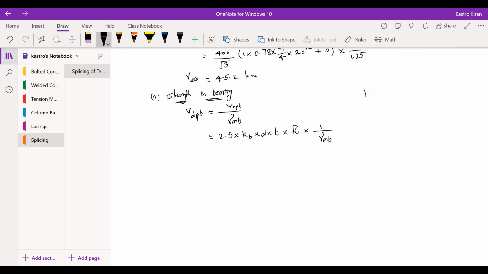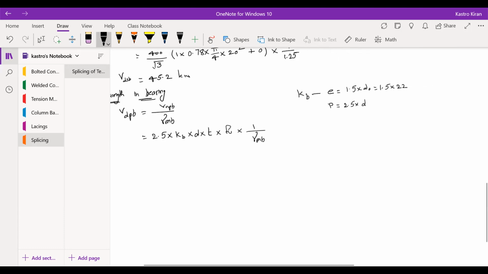Now, in order to find the value of KB, you need to know the edge distance and the pitch distance. Edge distance can be calculated as 1.5 into D naught, and pitch distance is 2.5 into D. So the minimum edge distance equals 1.5 into 22, where D naught is the diameter of the bolt hole.